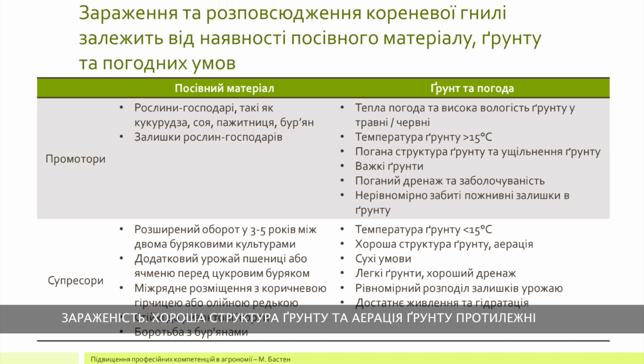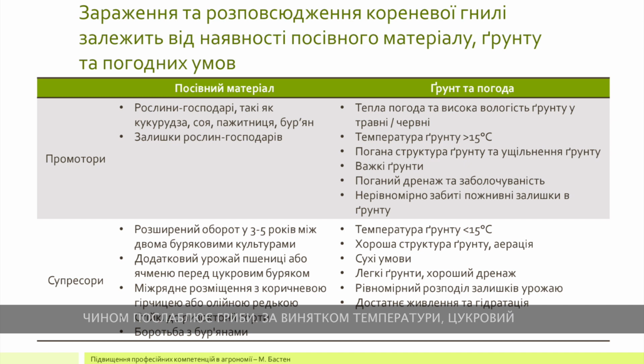Good soil structure and soil aeration, as the opposite of excess water. Light soils with good drainage, evenly incorporated harvest residues, and adequate nutrient supply and liming, meaning everything that makes the plant stronger, weakens the fungus, except for the temperature.